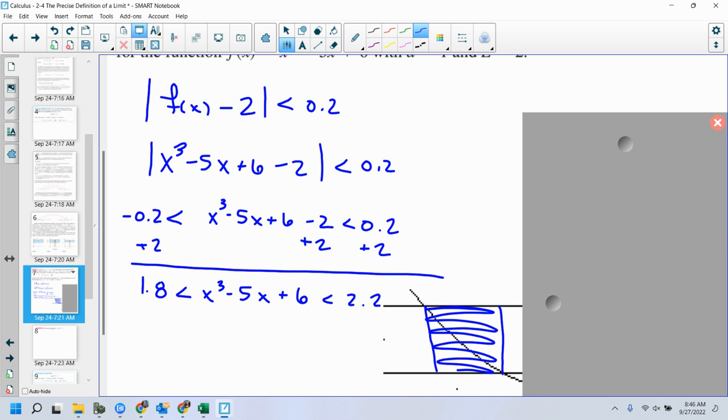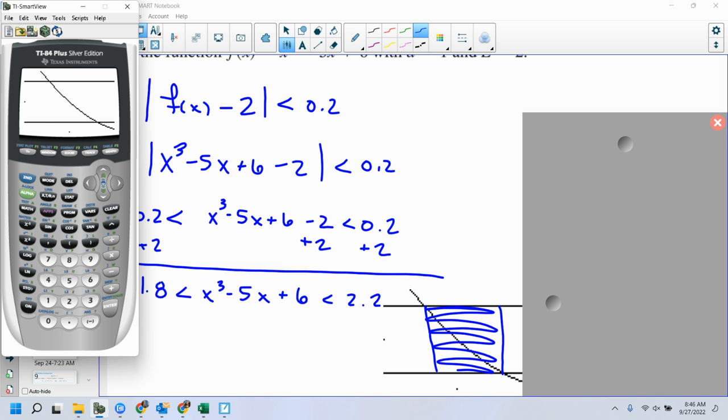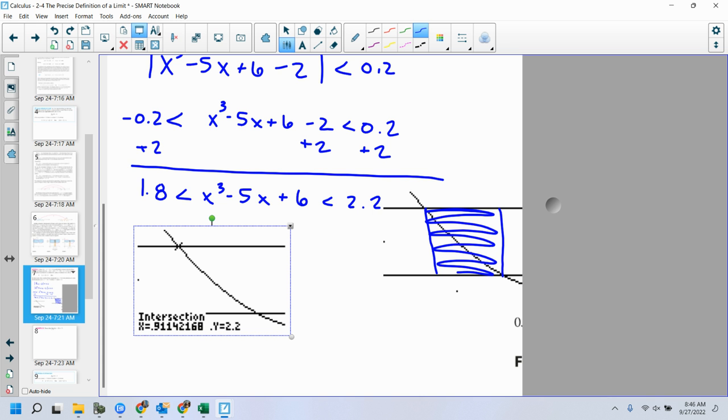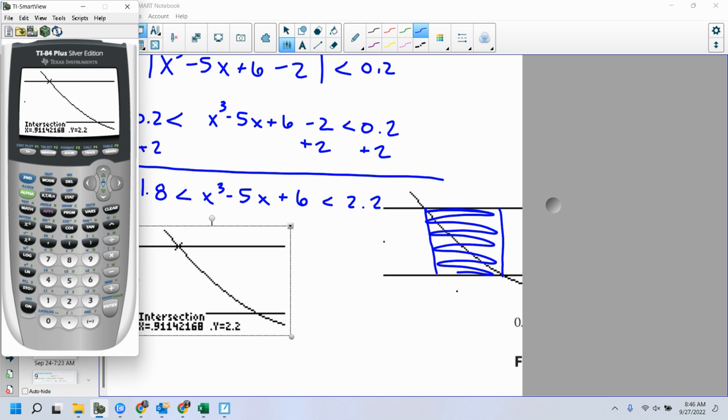Well, let's figure out what x values they are. Second, calculate the intersection point. First curve, enter. Let's go for the top one, enter. And then we'll put it somewhere close to that. Okay, 0.911. Okay, let's do the other intersection point. Second, calculate the other intersection point. First curve, enter.